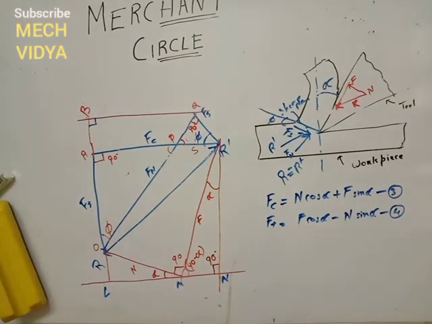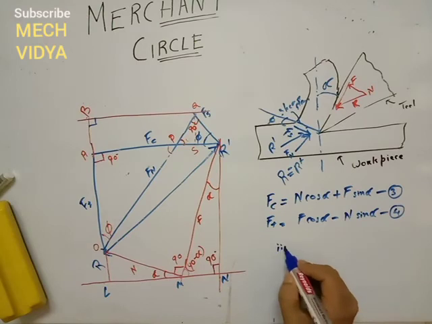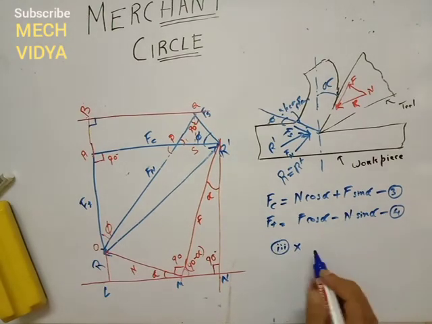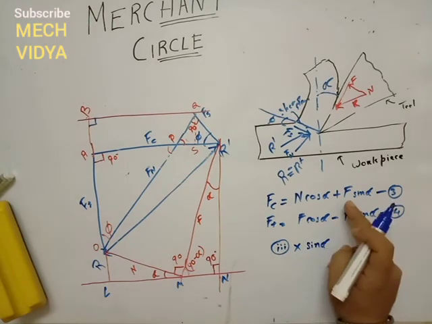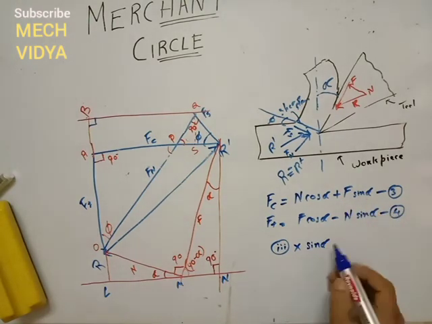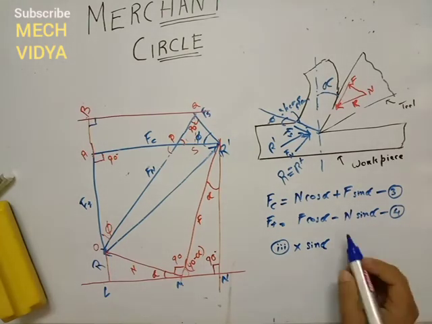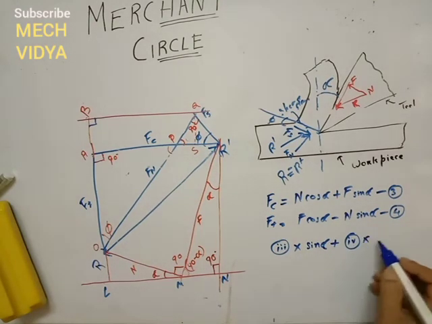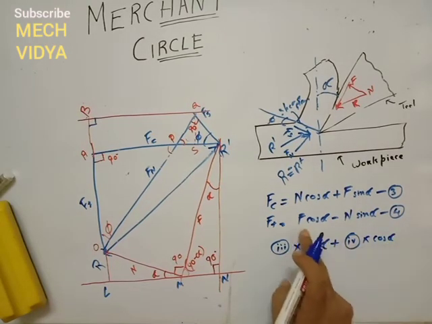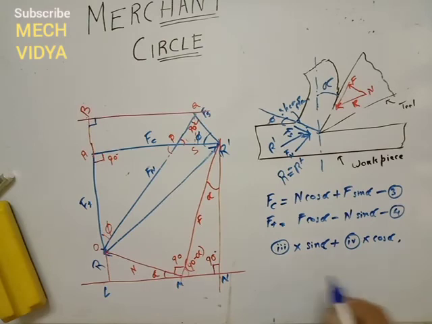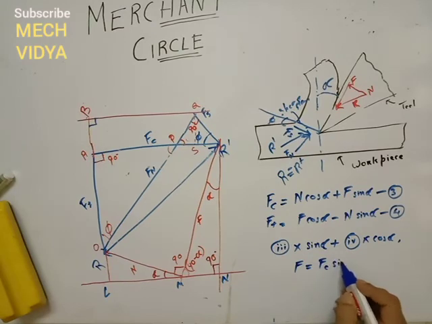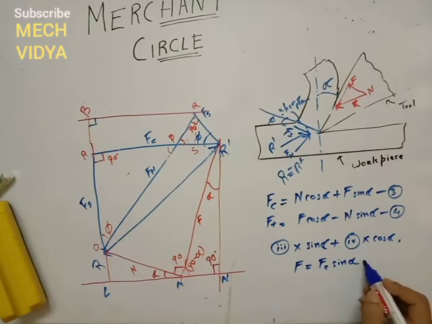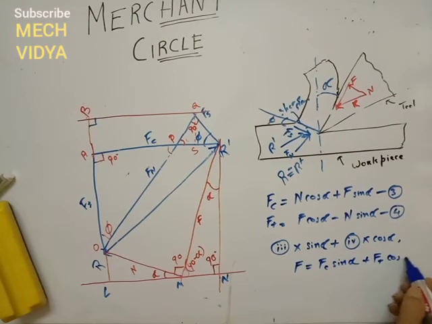So what we can do is multiply the third equation by sine alpha, because we are trying to find out F, and add it with the fourth equation multiplied by cos alpha. Why cos alpha? Because in the fourth equation along with F we have cos. So if we do it, we will get our F as something like Fc sine alpha plus Ft cos alpha.